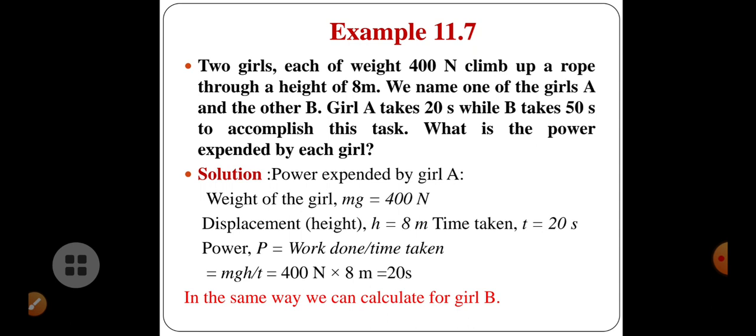In the same way we can calculate for girl B. So these solved questions, beta, you have to practice in a rough notebook. Firstly read the question, try to solve it yourself, and if you find any difficulty then see the solution from your book.